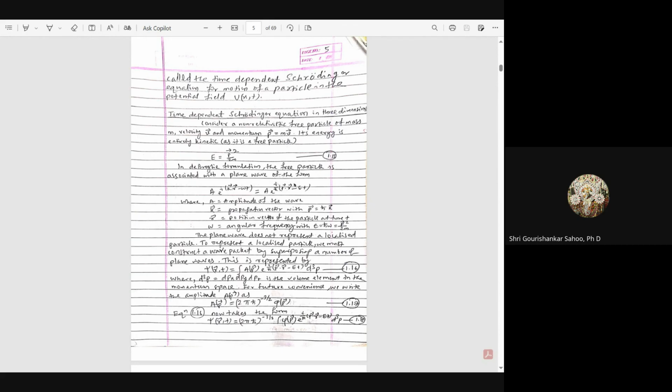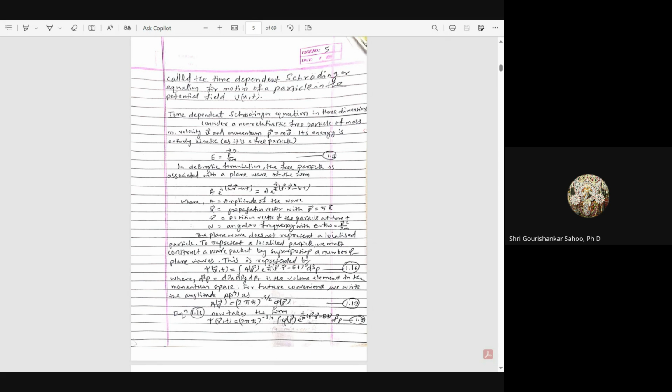So you can write psi as a superposition of a large number of waves, a wave packet. Psi is equal to integration a e to the power i by h cross p dot r minus Et d cubed p. And you can write A(p) is equal to 2 pi h cross to the power minus 3 by 2. In 1 dimension, it was minus half. In 3 dimensions, it is minus 3 by 2.